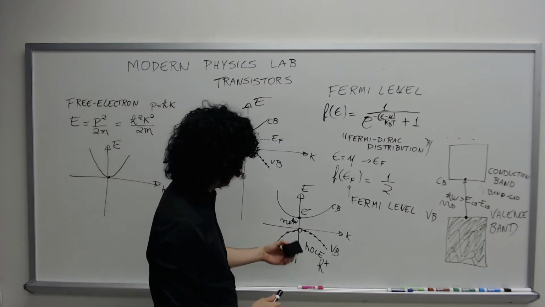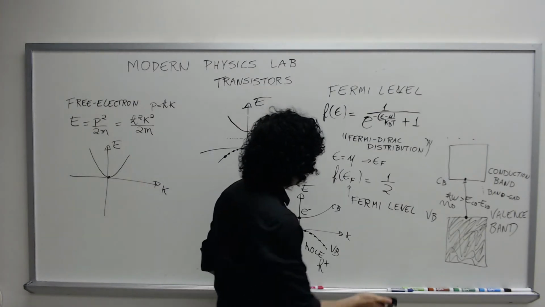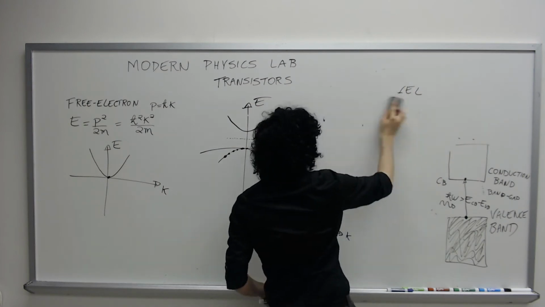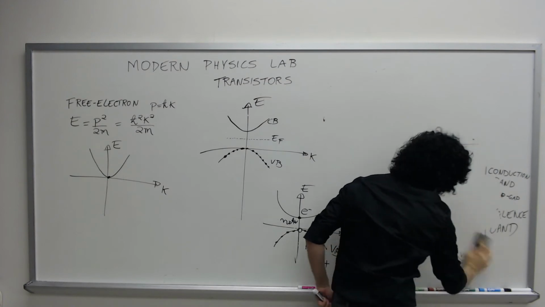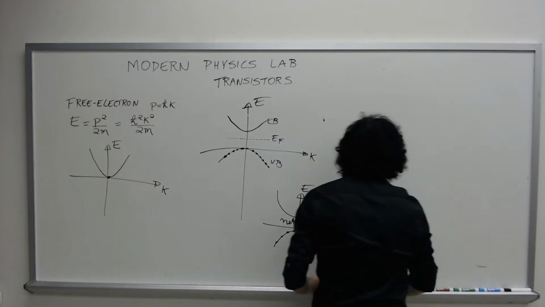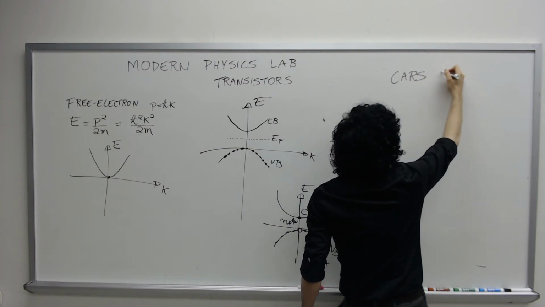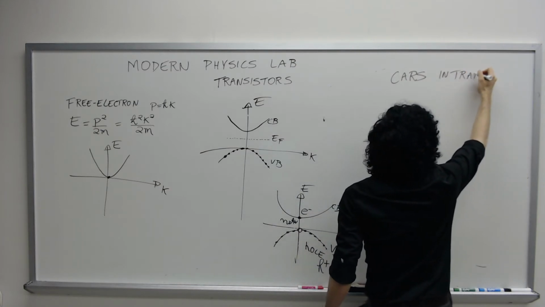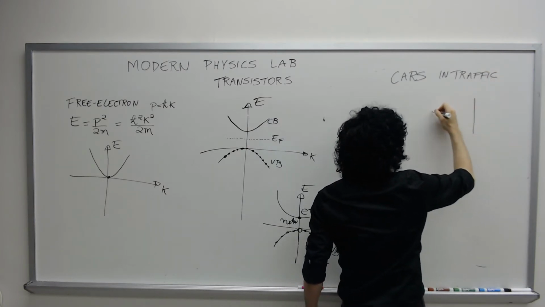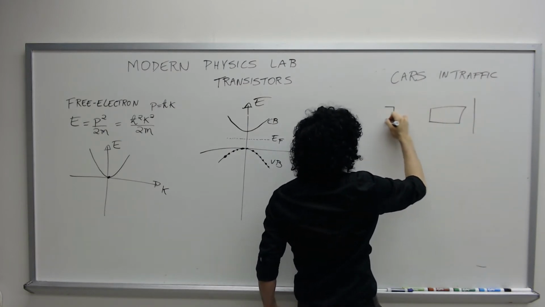A way to understand how the hole works, the hole being the lack of the electron, is if you think about, for example, cars in traffic. You can think of several cars at a traffic light. Suppose these are cars, and you have a space between these two cars.